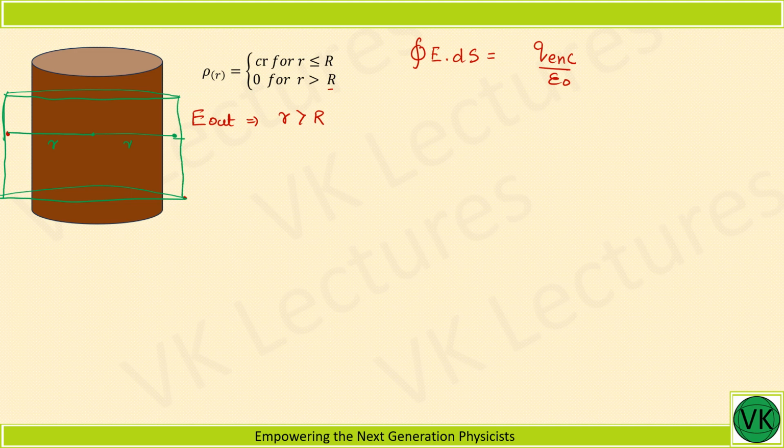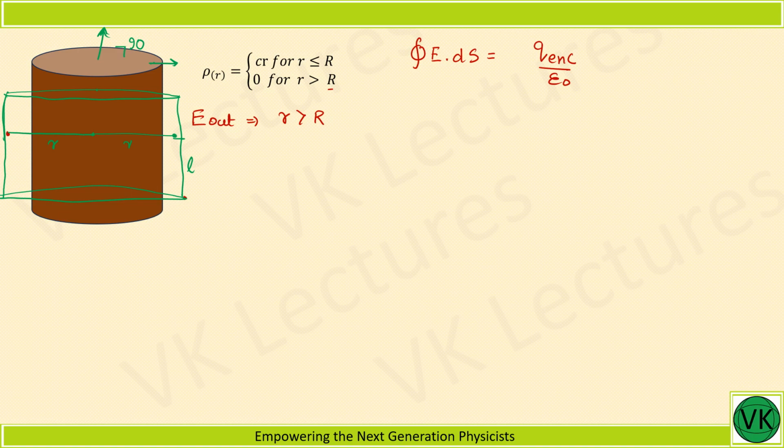So this is the cylinder that we have to consider. We don't have to deal with the L, why? Because the electric field along this direction makes 90 degrees with the area vector, so it gets cancelled. We have to consider only the electric field in this region.